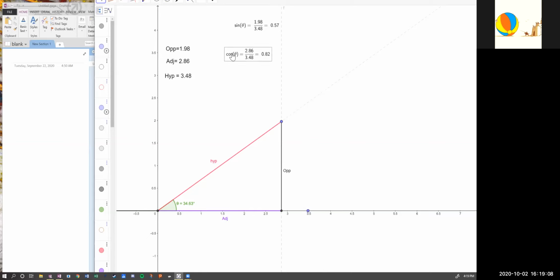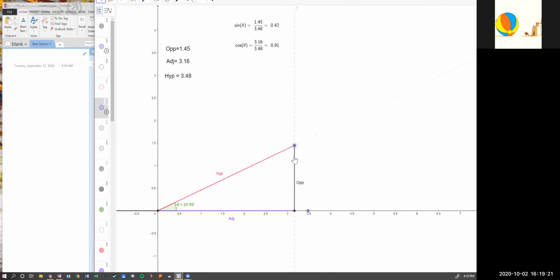Now, when we looked at cosine, cosine should be very similar. It is just the ratio between the adjacent side and the hypotenuse. So adjacent to hypotenuse. And again, when we change the angle, the length of the adjacent changes. Hypotenuse is fixed for right now. But even if the hypotenuse changed as that adjacent side changed, as long as that angle changes, the cosine ratio will change.